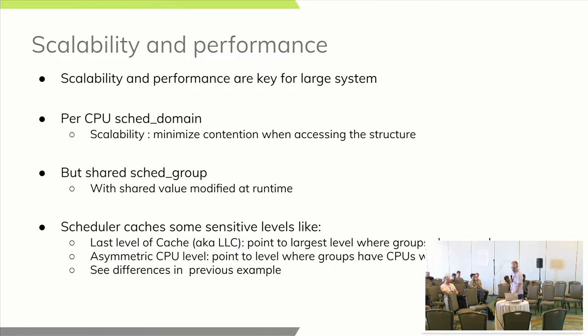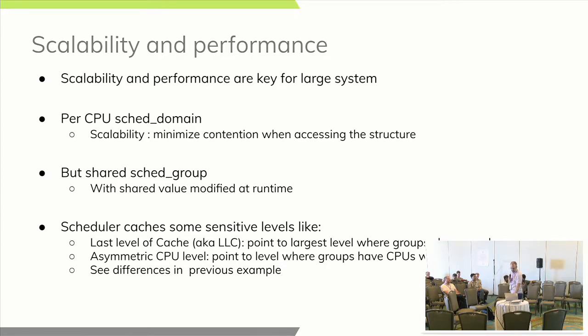Scalability and performance: because the scheduler is a sensitive path, we are doing some per-CPU SCHED domain description. The goal is to prevent any cache contention between CPUs, which might not be a problem on a mobile with 8 cores, but starts to be a problem when you have 1,000 cores trying to access the same cache line simultaneously.